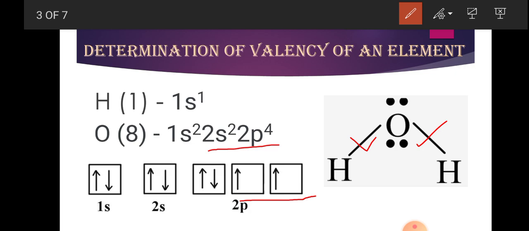So, oxygen is divalent, that is, the valency of oxygen is 2.